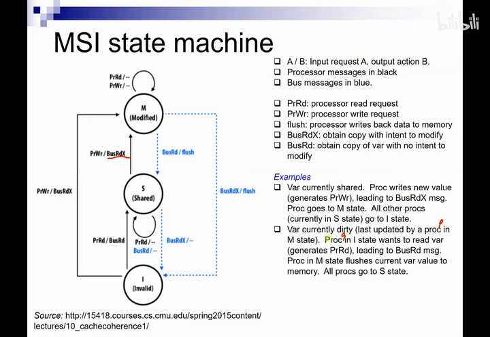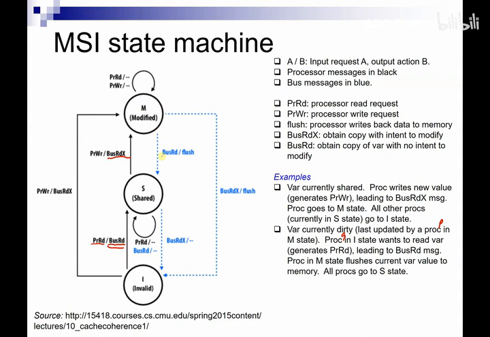So in order for Q to read this variable, since Q is currently in the invalid state, it's going to generate a process read message, and this is going to cause a bus read message to get sent onto the bus. Now, the process which currently has the newest value for the variable, which is in the M state, is going to receive this bus read message.